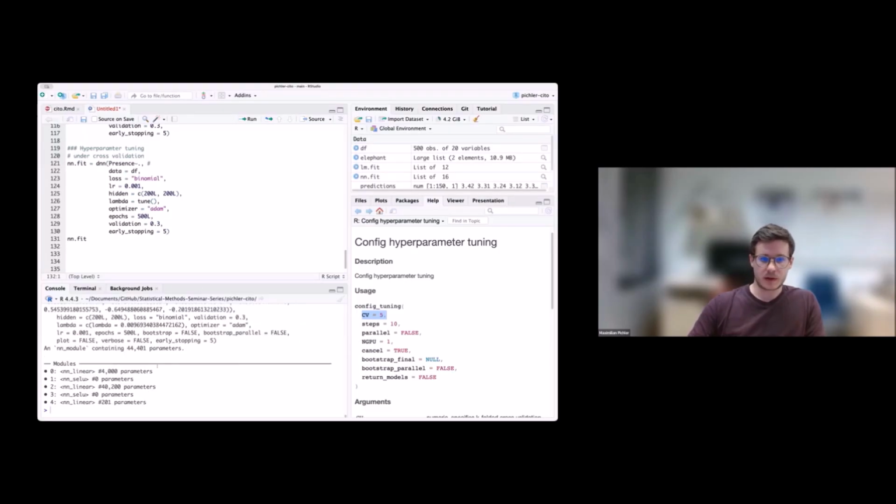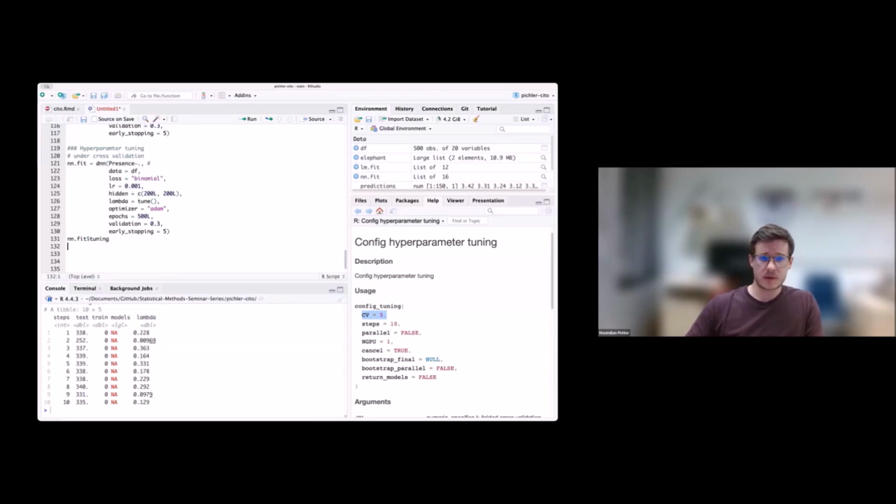So if we print this model here, we see that cito has used the lambda value that was found to have the lowest test loss for the holdouts under the cross-validation. We can also print the cross-validation history, and here we see again the lambdas that were tested by cito and the test loss from the cross-validation.